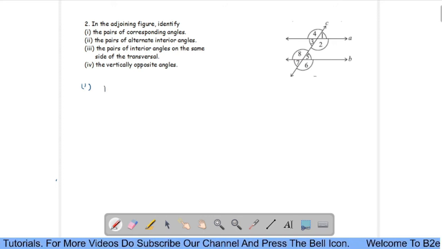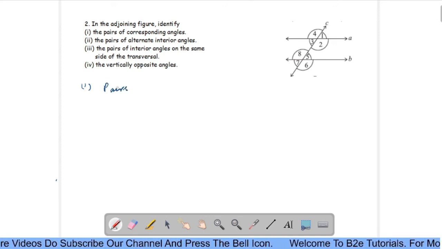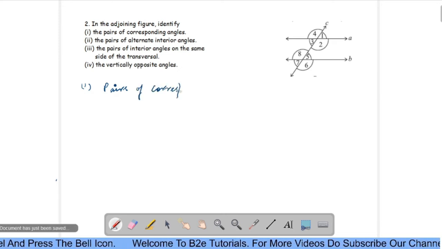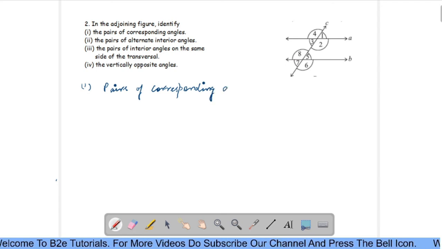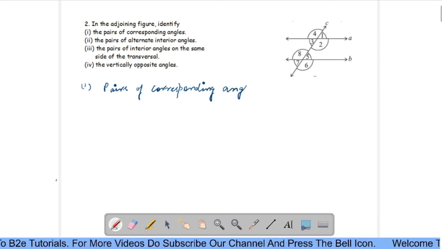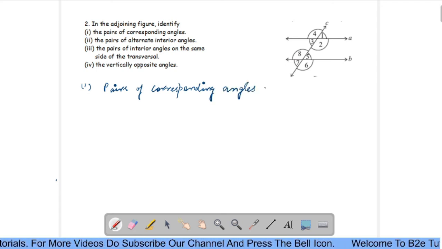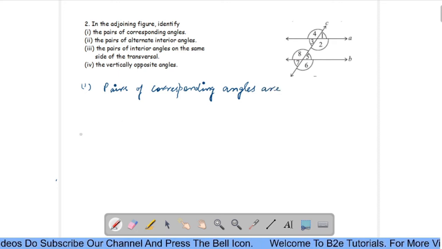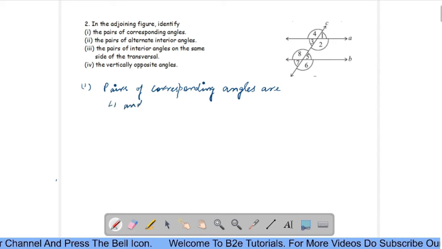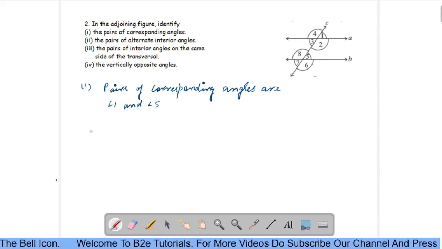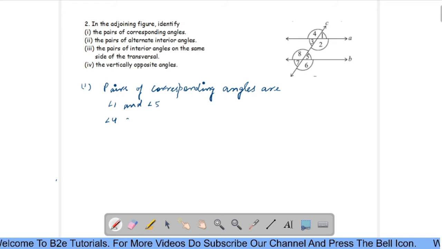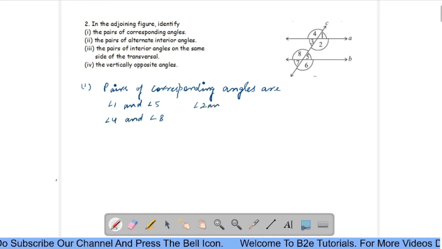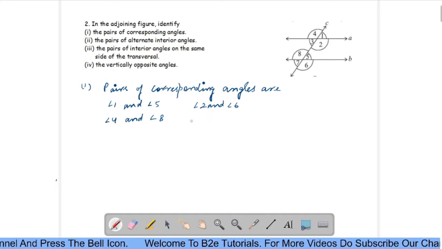We can say pairs of corresponding angles are angle 1 and angle 5, angle 4 and angle 8, angle 2 and angle 6, angle 3 and angle 7.